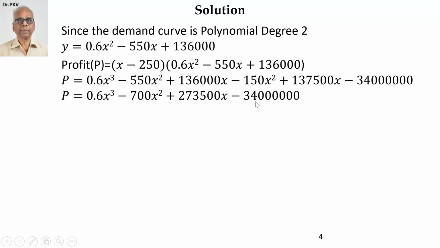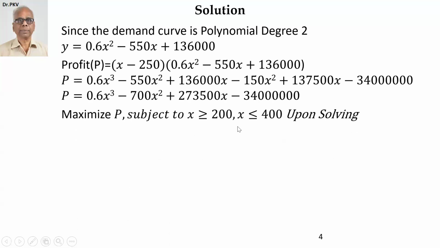That means 6 zeros after 34. Now we have to maximize P, subject to the constraint that the price will have to be in the range between 200 and 400. So x greater than or equal to 200 and x less than or equal to 400. These two constraints are there.